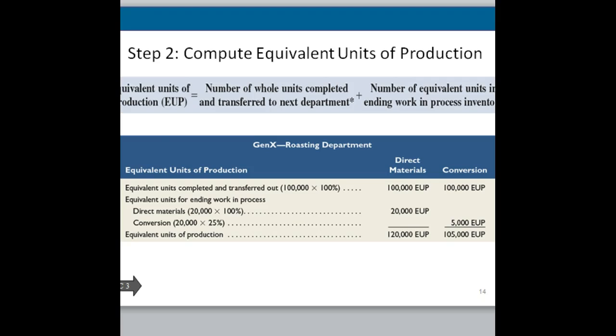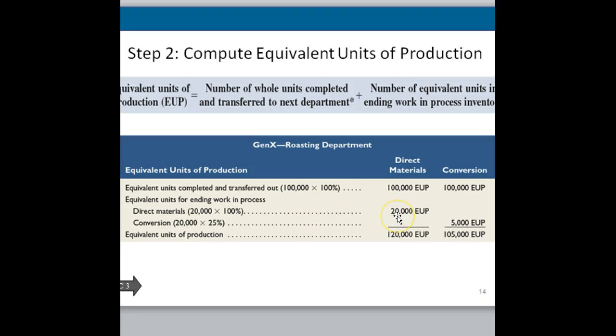These are full units. But when I come to costing, then I'm going to break that down a bit differently. So if I have completed and transferred out 100,000, they're at 100%. So as far as an equivalent unit, 100% of 100,000 is 100,000. Conversion, I converted 100,000 of them, they're done. And the ending work in process, we're dealing with a little bit differently here. We had 20,000 at 100% material in them.